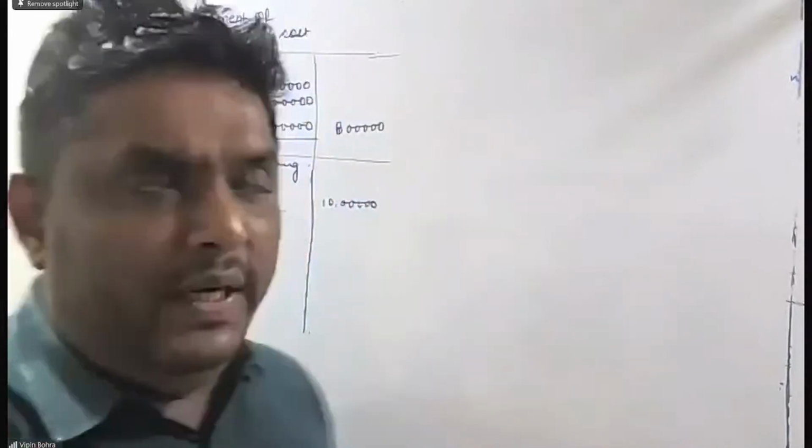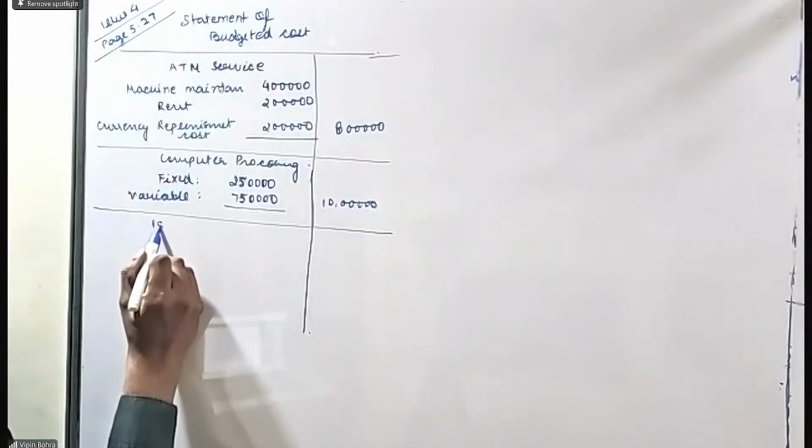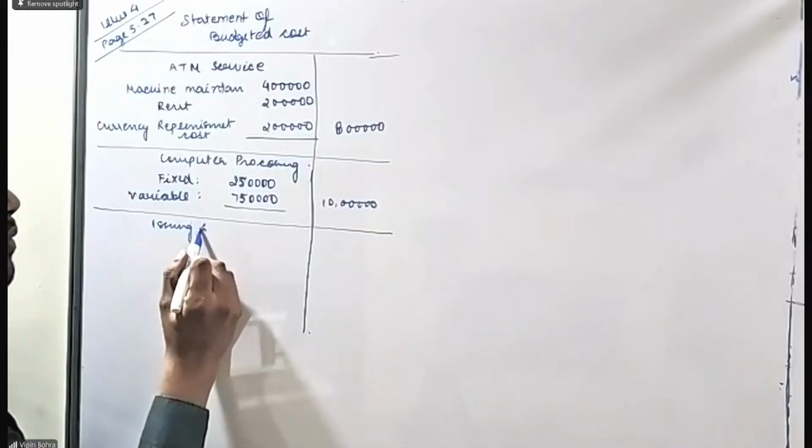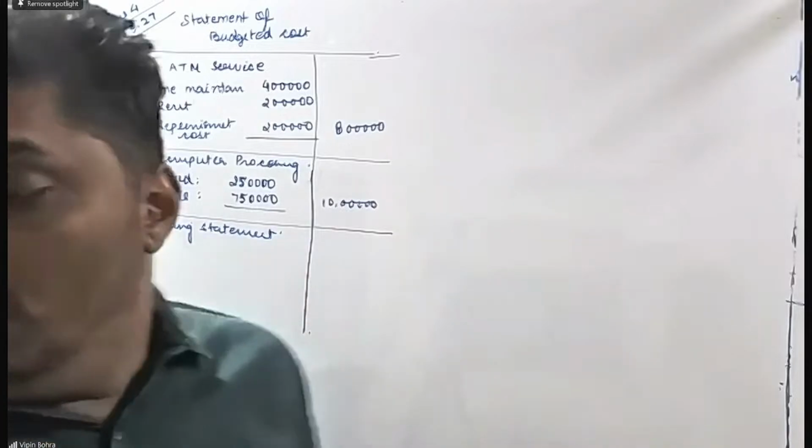Now, next is issuing statement. Presently 3 lakh statements are made. Further, in the budgeted period, 5 lakh statements are expected.